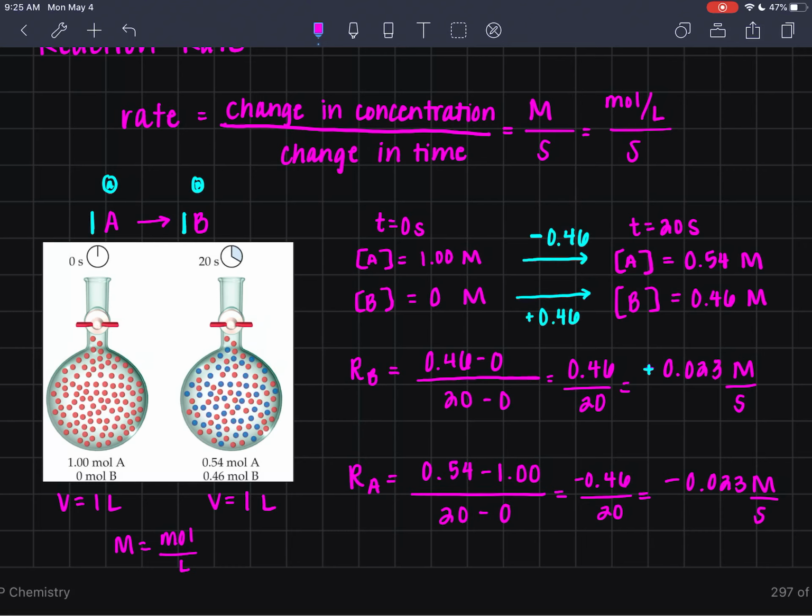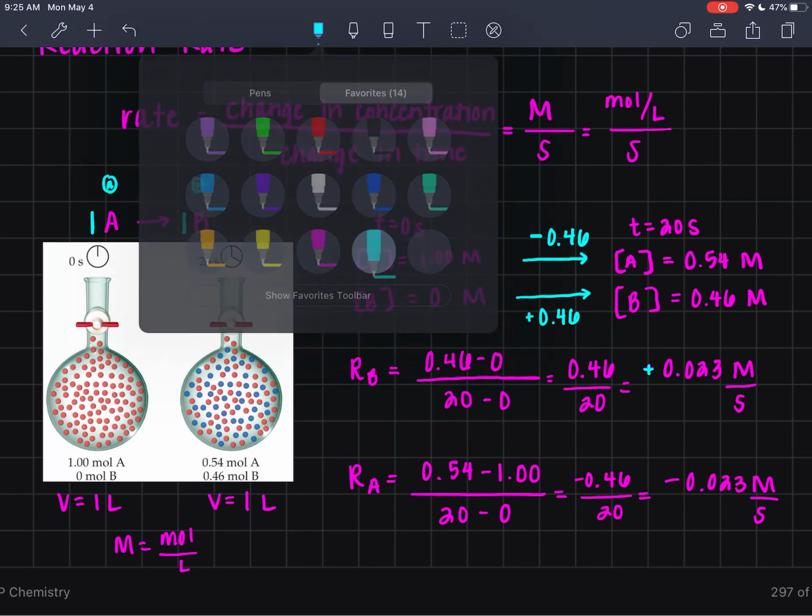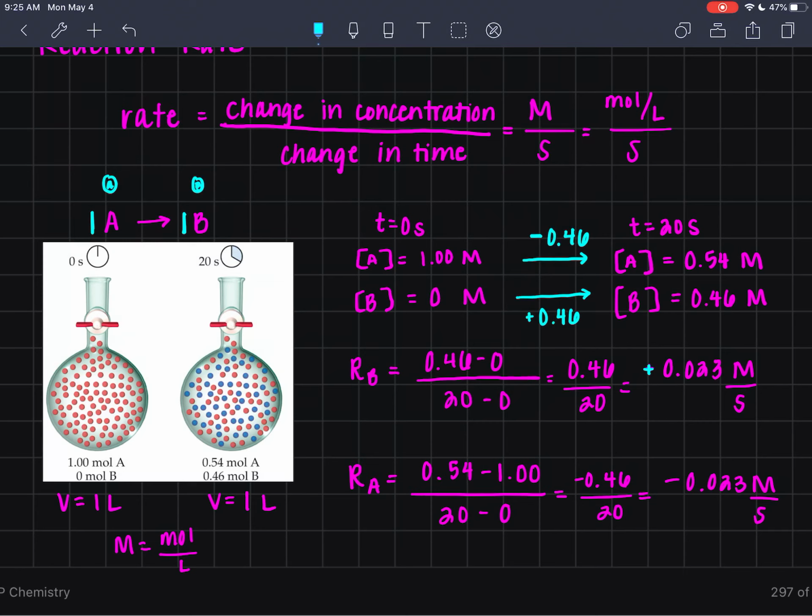So for simplicity's sake, whenever we have a rate that is negative, we will make it positive. The way to do that is by making that change negative, or multiplying our rate by a negative. Remember, a negative times a negative will yield a positive.